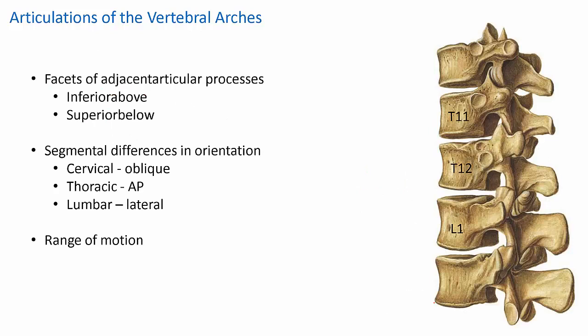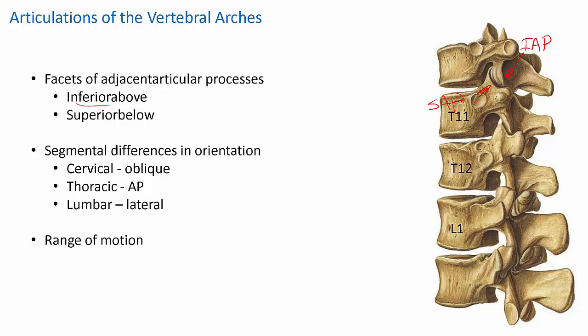So this just reminds us of adjacent articular processes. Inferior is actually going to be the one above, and the superior is going to be the one below. So what I mean here is that this is the inferior articular process here, and the one below that is actually the superior articular process of the T11 vertebra, as you can see.